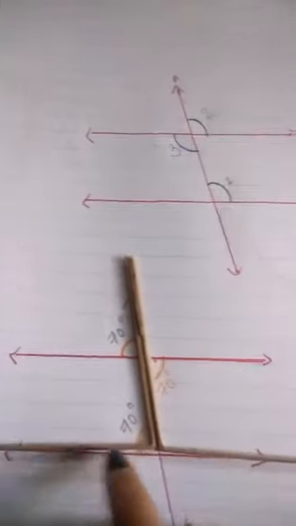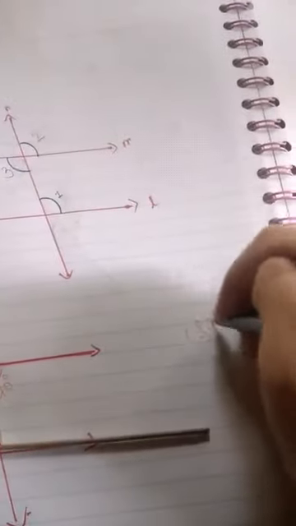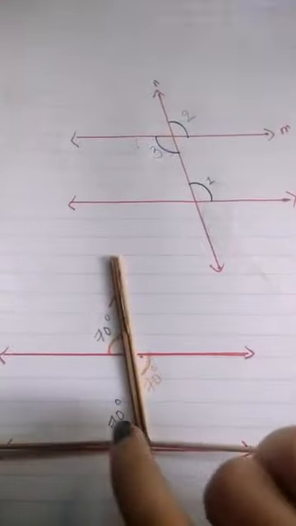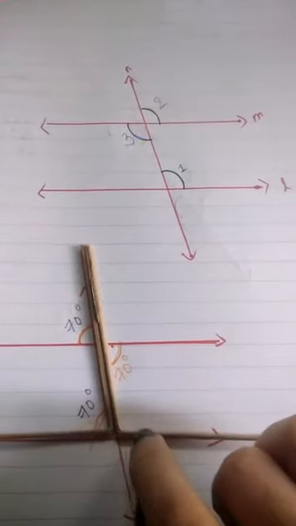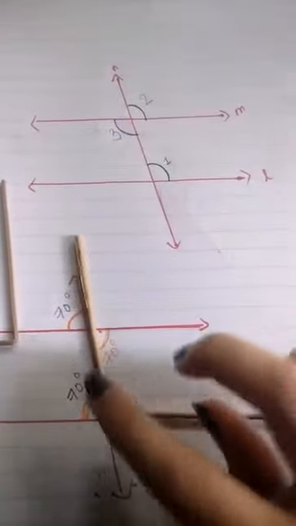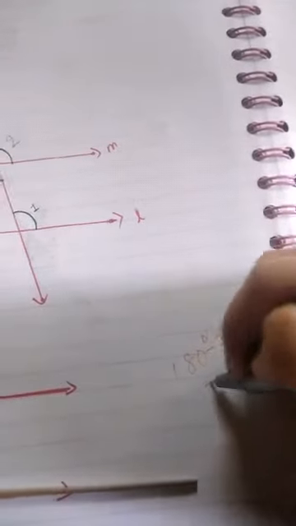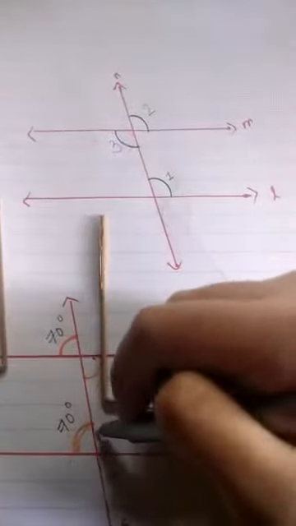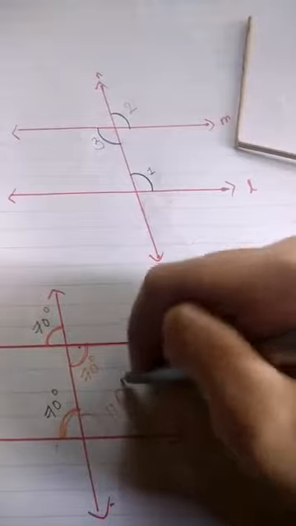Here you can see this is a straight line, and the angle on a straight line is 180 degrees. This one is already given to us, it's 70. Now we need to find the remaining part. To find the remaining part, all you have to do is just take this away and you're left with this. So taking away just means you're subtracting it. You're going to get 110 degrees. So now you know that this angle is 110 degrees.